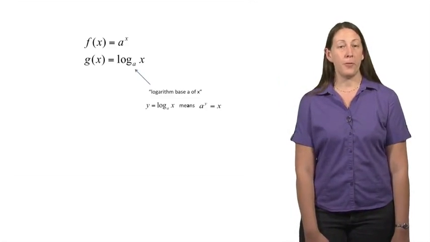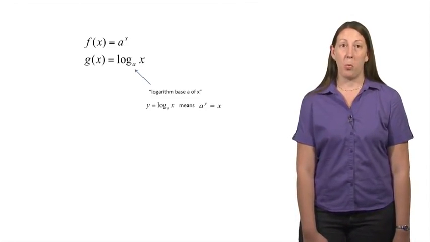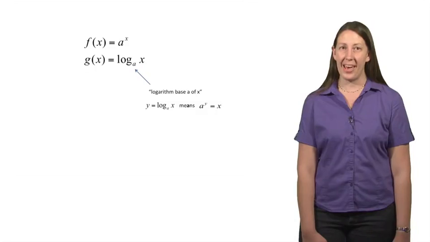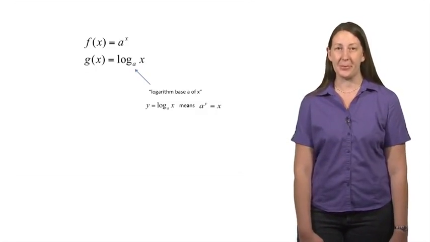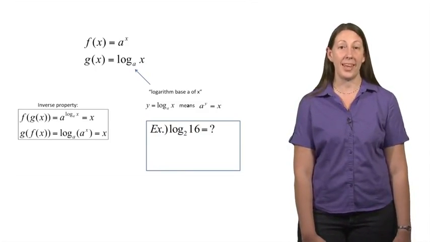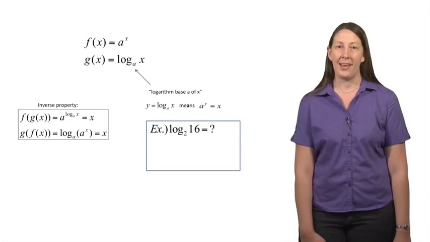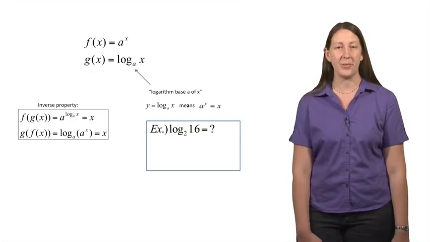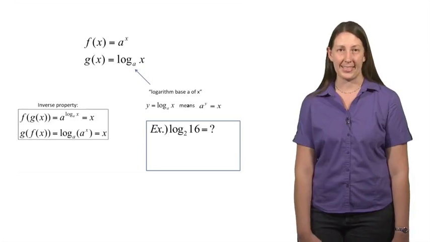We can convert back and forth between the logarithm and the exponential function: if y equals log base a of x, this really just means that a to the y power equals x. Once again, these two functions have the inverse property. If I compose them together, f of g of x or g of f of x, the exponential and logarithm undo each other and I'm just left with x.